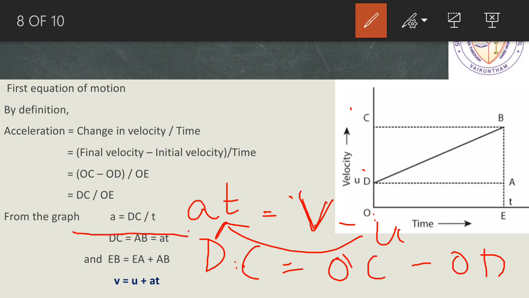After that you can follow this step. The answer will be V is equal to U plus AT. But in your textbook it has been followed as I have given, so whichever is easy or comfortable for you, you can use.